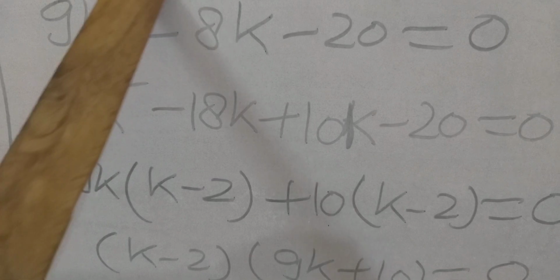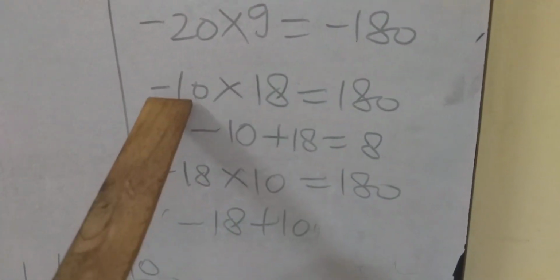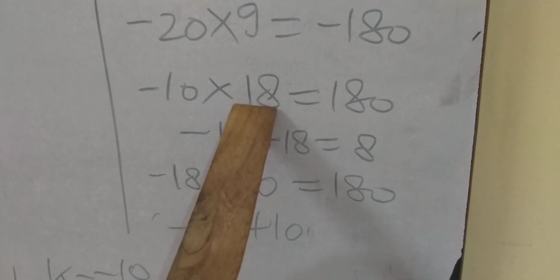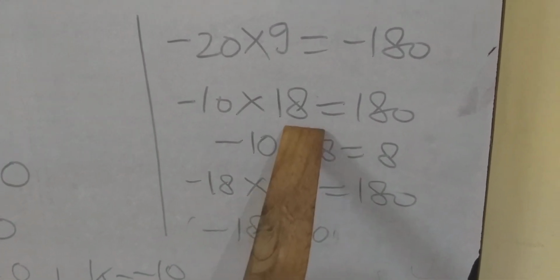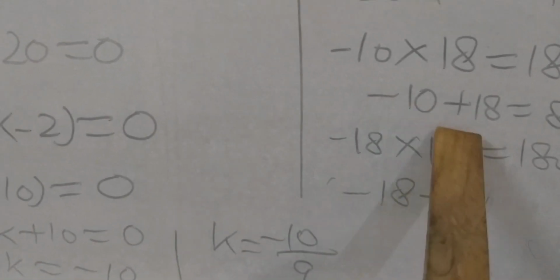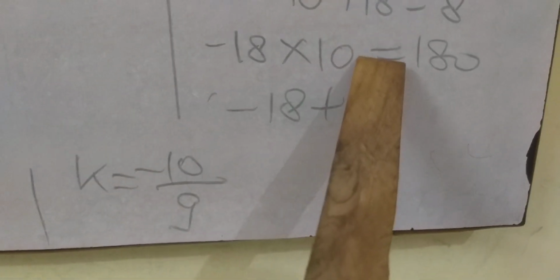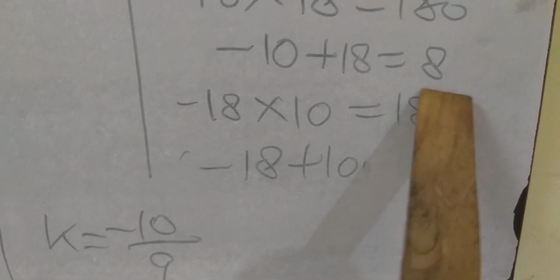Now students, we have to find 2 numbers which give us −8. You know 10 times 18 is 180. So −10 into 18 gives us −180, so −18 plus 10 gives us... 8 plus 8, not −8.